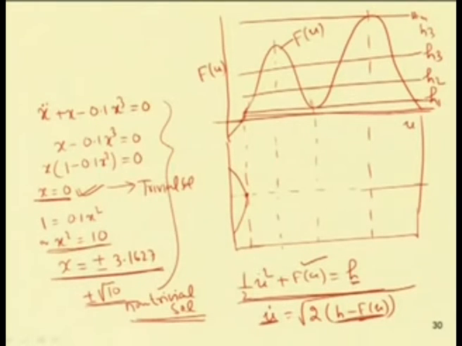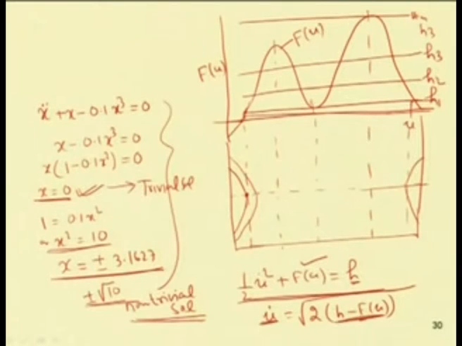Similarly, for this part also, H1 is greater than this Fu. So, one can have a response. Similarly, by taking this H2, up to this, the system will have a response like this.